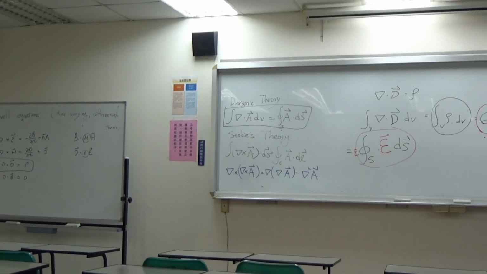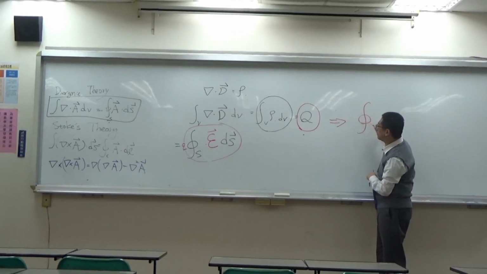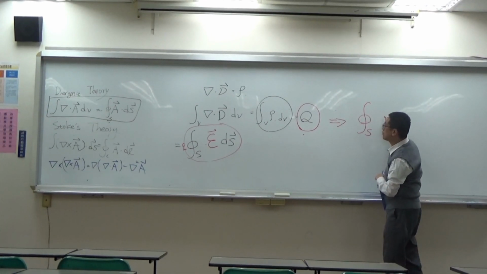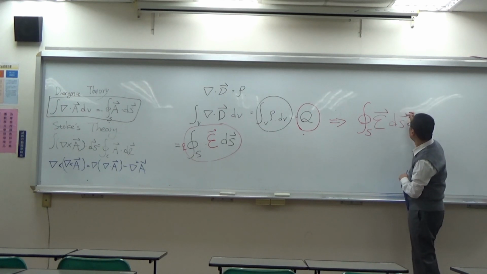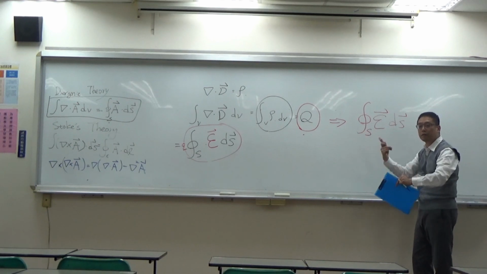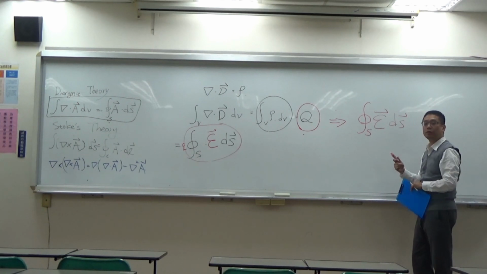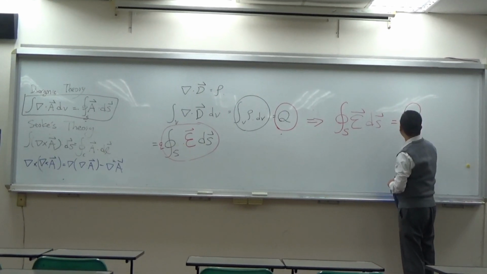Therefore, you obtain the closed surface integration of E dS equals Q divided by epsilon.